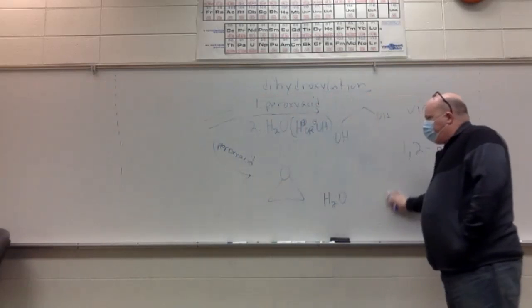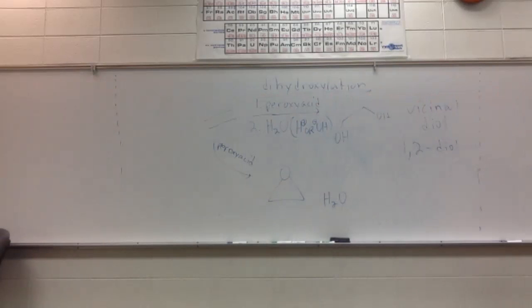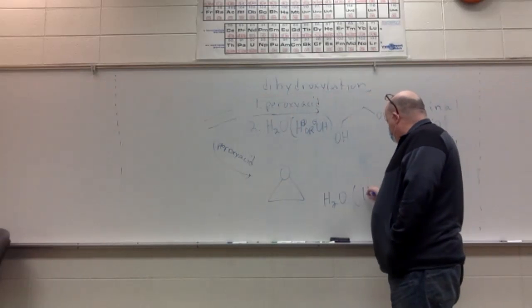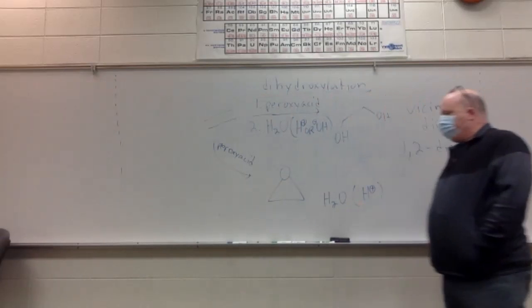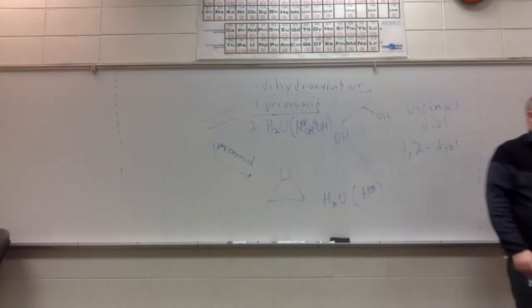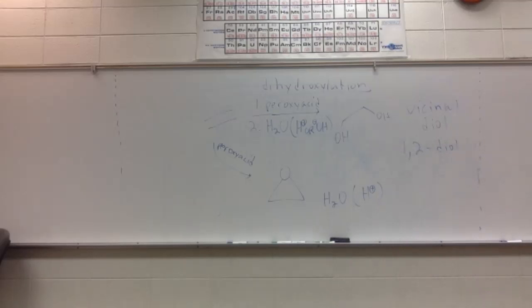And then you have your H2O out here. And just for fun, let's say we have it in the presence of H plus. Again, this can work a couple of different ways, with different mechanisms, depending on if you have H plus or OH minus. We're going to use this one. We'll look at a little snapshot of the mechanism.